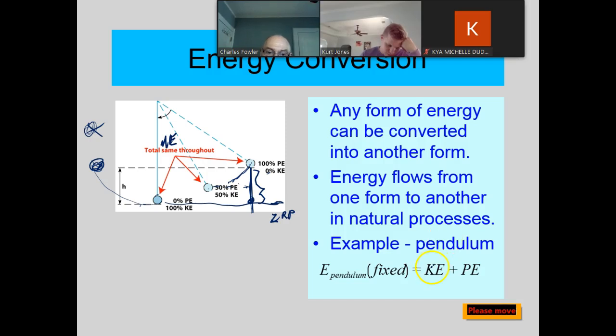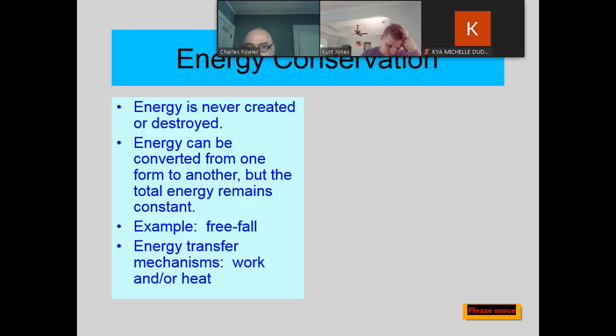It's the sum of kinetic energy plus potential energy, and that sum is called mechanical energy. Mechanical energy is fixed. It's constant, it's conserved, it's not lost. Kinetic energy is constantly changing. Potential energy is constantly changing. Mechanical energy is constant. Any questions? No, sir. Okay.